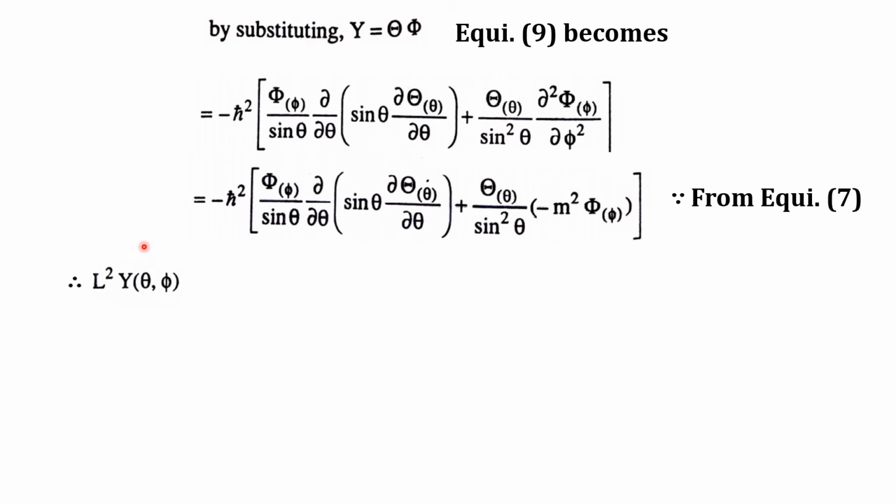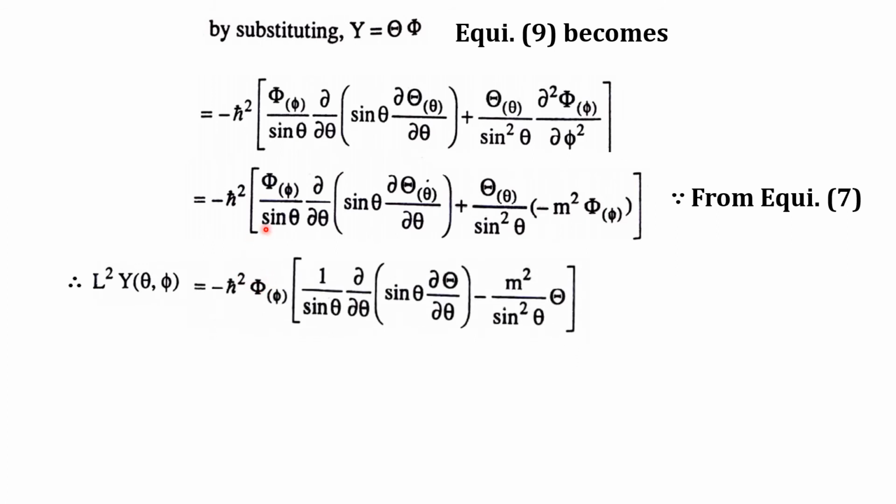Here, therefore, on the other side, L square Y theta phi equal to, this phi we take outside. Since in both terms there is one common term phi, we take it outside first and write the remaining terms inside the bracket: 1 upon sine theta into d by d theta of bracket sine theta d theta by d theta, minus m square divided by sine square theta, theta. Now we find the value of that bracket.